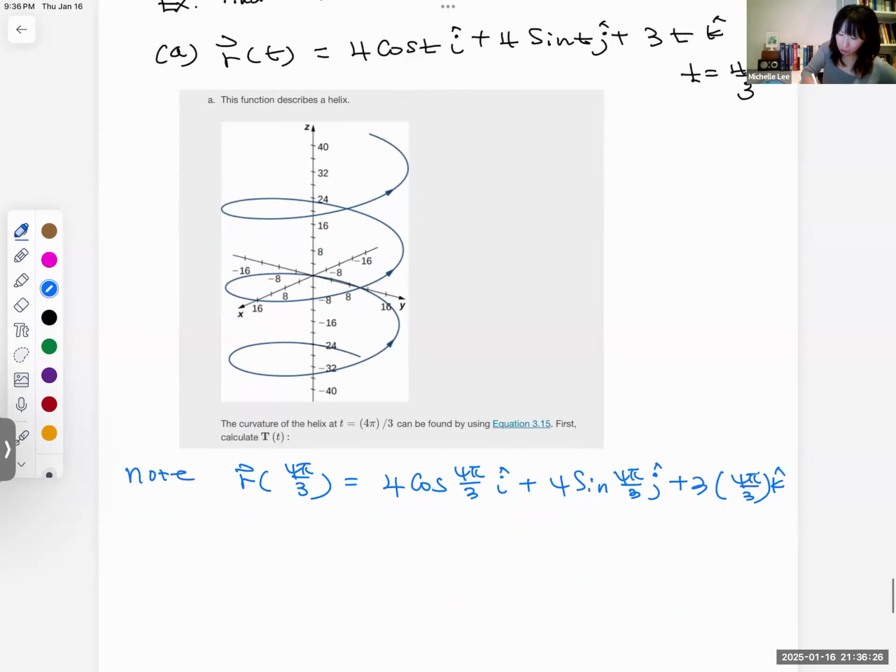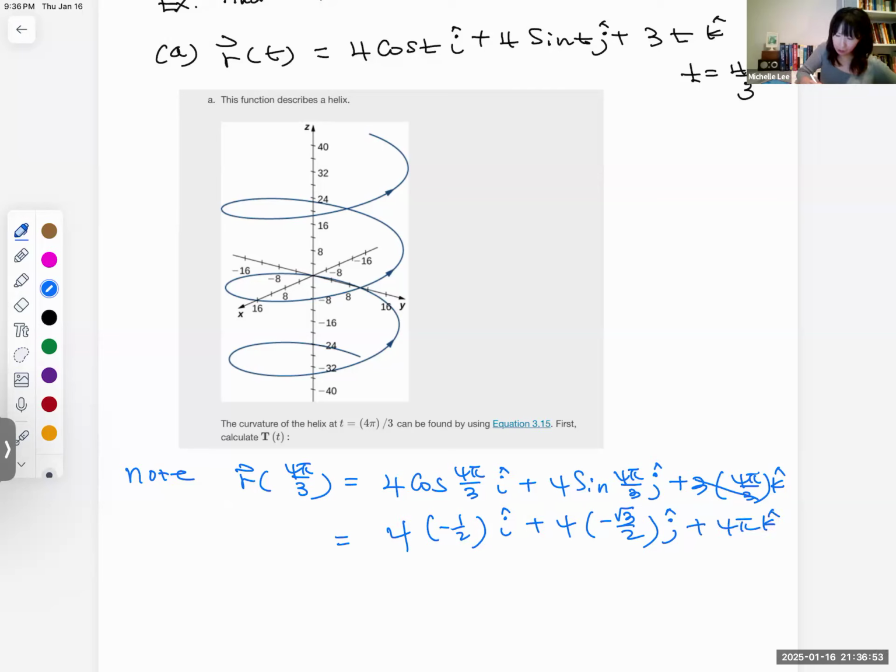So that will be 4 cosine 4 pi over 3, which gives negative 1/2, i hat plus 4 sine 4 pi over 3, which is negative square root of 3 over 2, j hat, and that will be 4 pi k, right?